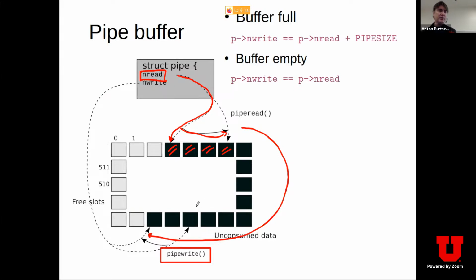Similarly, when you do a write, if those slots were empty, I do the writes, updating, say, 3 bytes, and I update the write pointer to make sure that the next time I will be writing after those bytes. And when you reach the end of the pipe, all these operations on those pointers, which are just numbers, are implemented modulo 512, meaning that when you reach element 512, it's the same as element 0. So that's why it's a ring buffer.